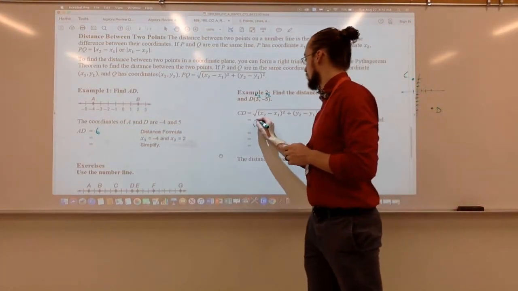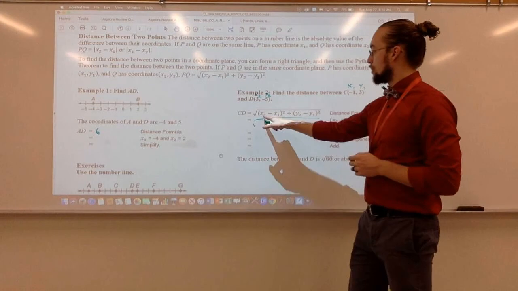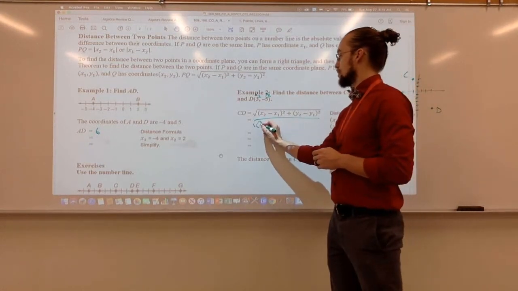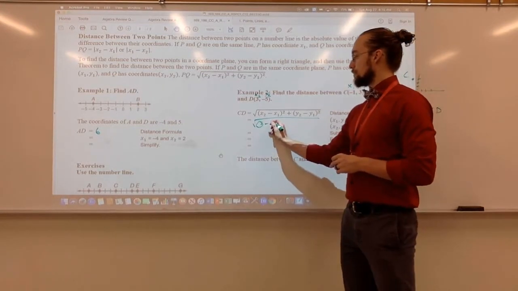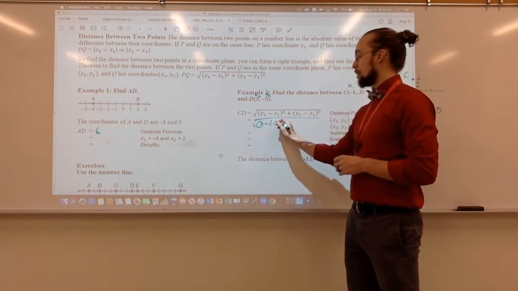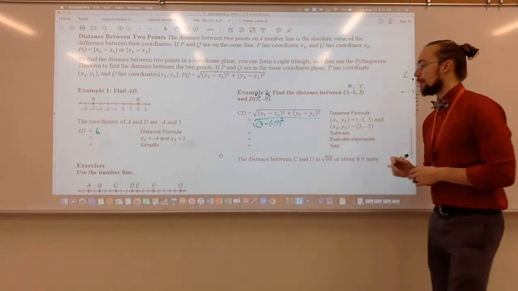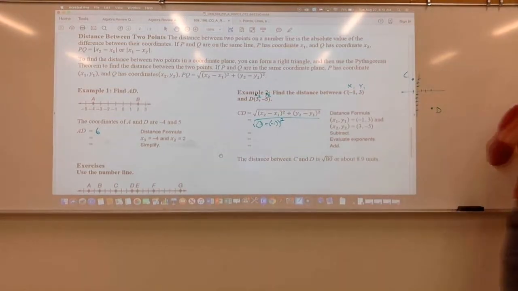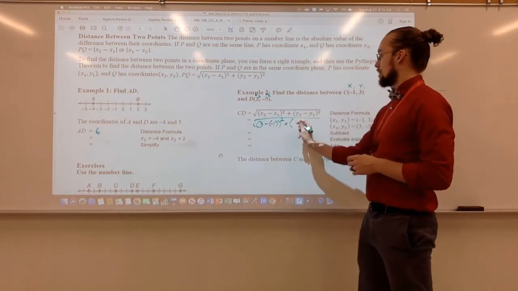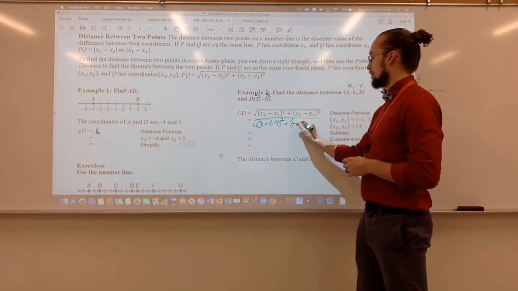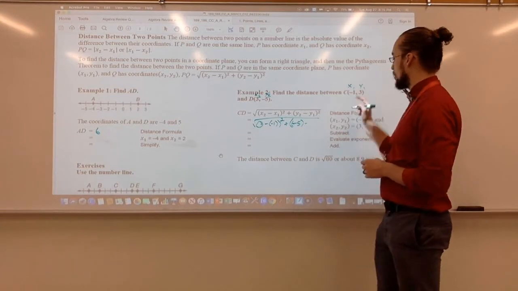So, square root of x2 is 3 minus x1 is -1. Whenever I have a negative value, I'm going to put it in parentheses so I don't mess up signs. Then plus y2 is -5 minus y1.